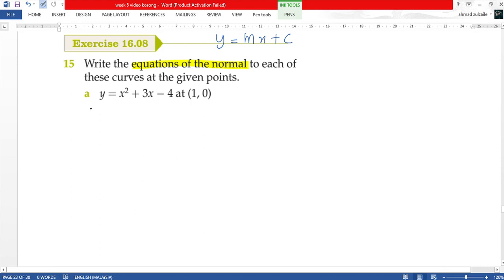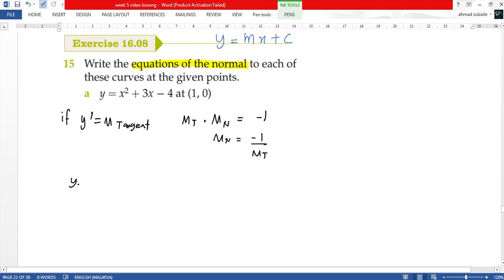Okay, so now, if y prime equal to m of tangent, so therefore m tangent multiplied by m normal equal to -1. So m normal equal to -1 over m tangent lah. Dah highlight tadi. Okay, so now we come up with the solution. This is the understanding here.